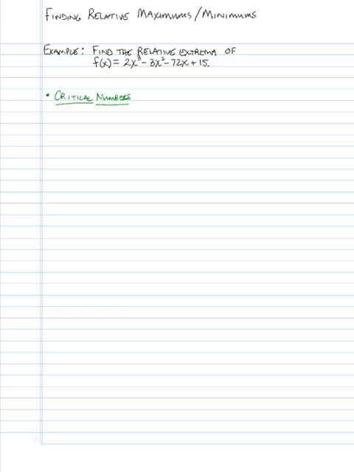Now, to find a critical number, we have to first find the derivative, because the critical numbers happen where the derivative is either 0 or undefined. When we look at this problem, we can calculate the derivative fairly rapidly. We get 6x squared minus 6x minus 72.